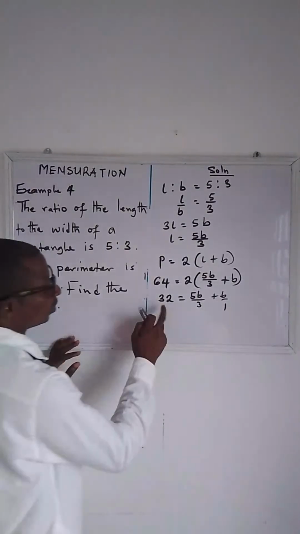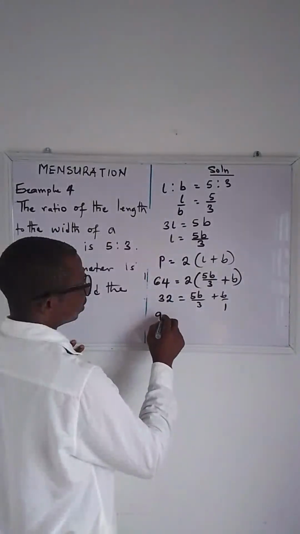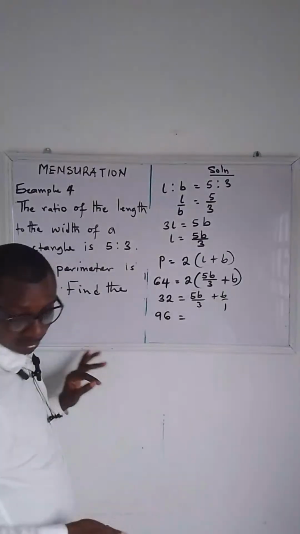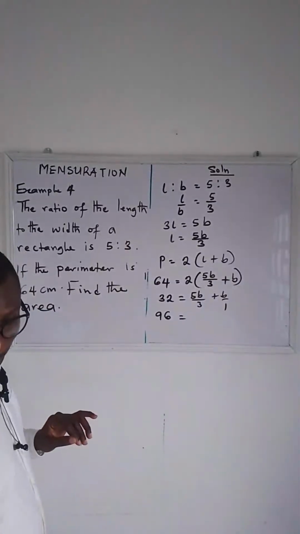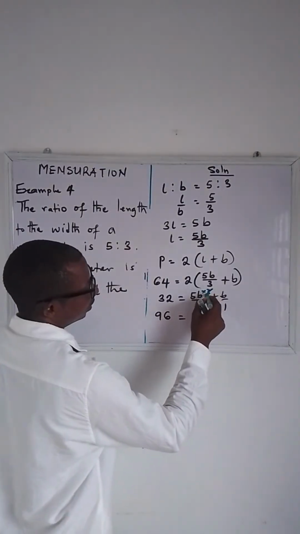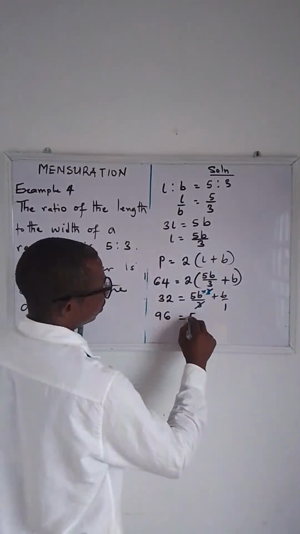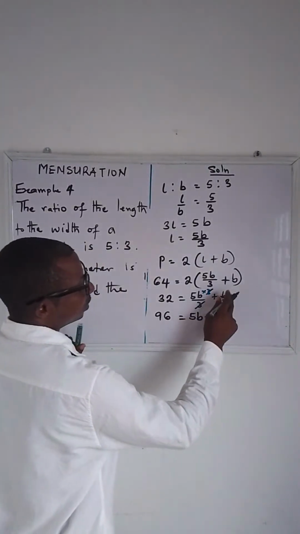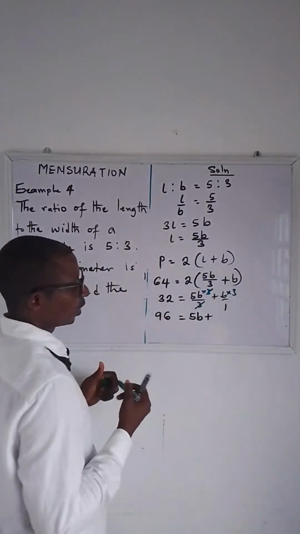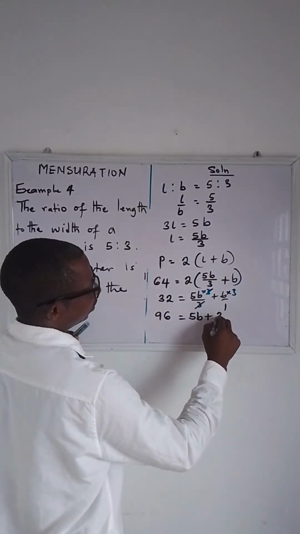When you multiply this one by 3, what do you have? You have 96 equals. You multiply this by 3, the 3 cancels the 3, so you have 5B. You also do the same thing for the last one, times 3, that gives you 3B.